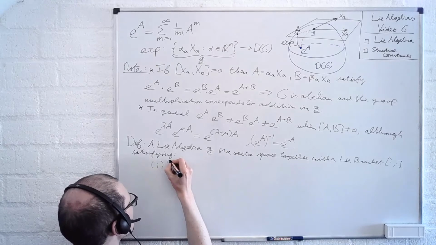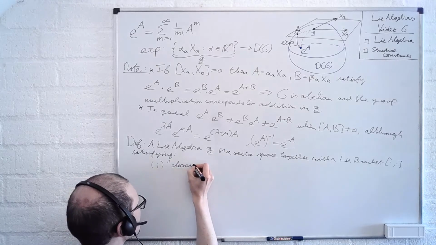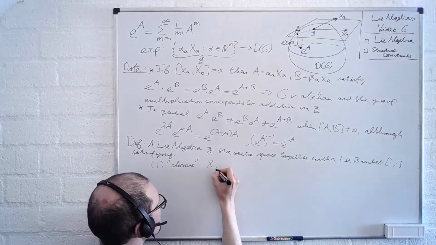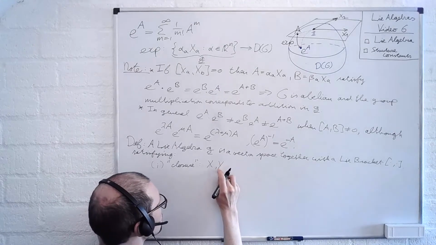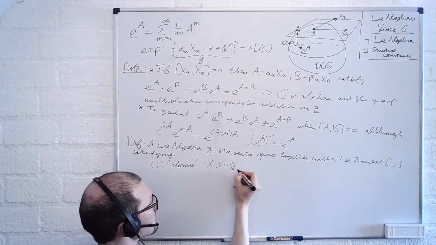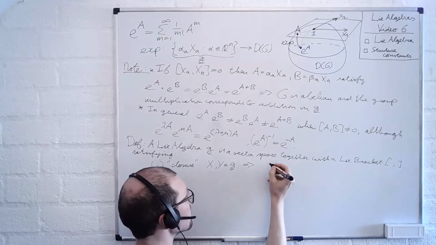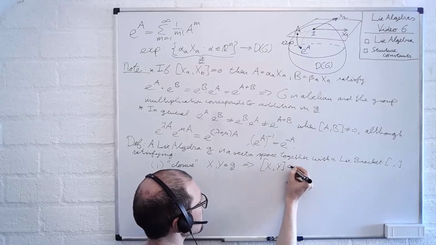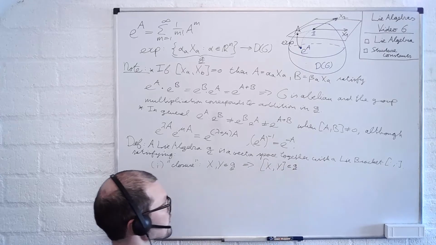The first one is closure, which is saying that if I have two vectors in my vector space G, and I look at the bracket of these two, then it is also in this vector space.